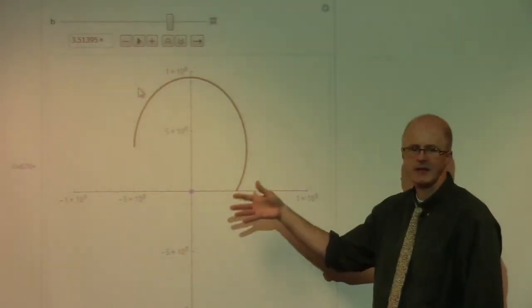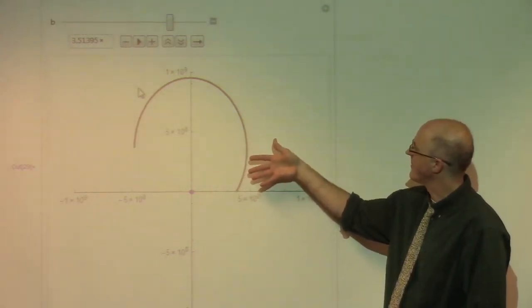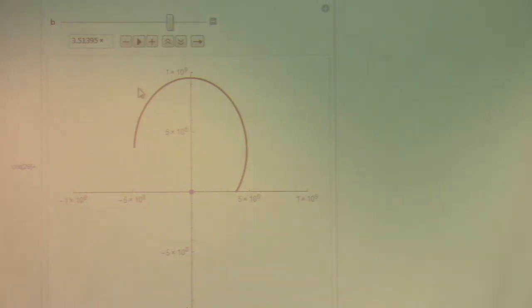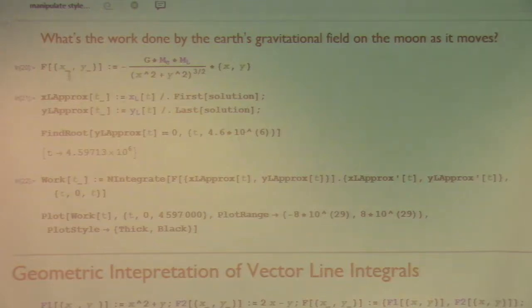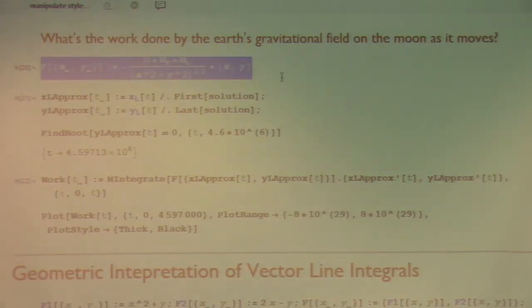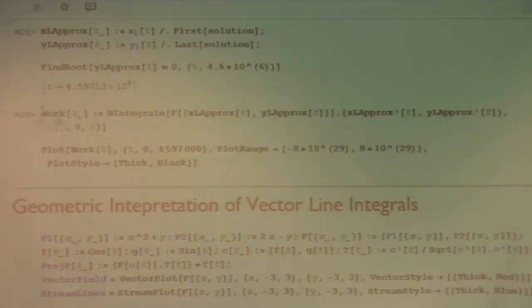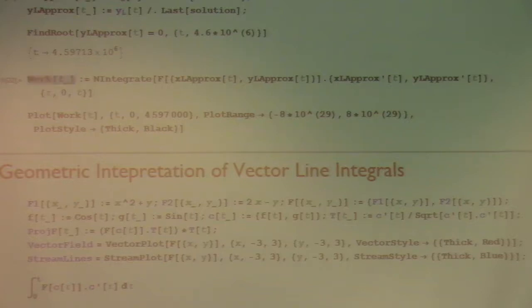I tried calculating the work done by the Earth's gravitational field on the moon itself as the moon goes around the Earth. Essentially, I created a function that is the vector field here, and then I created a function that I called work of t to calculate the work as time goes by.